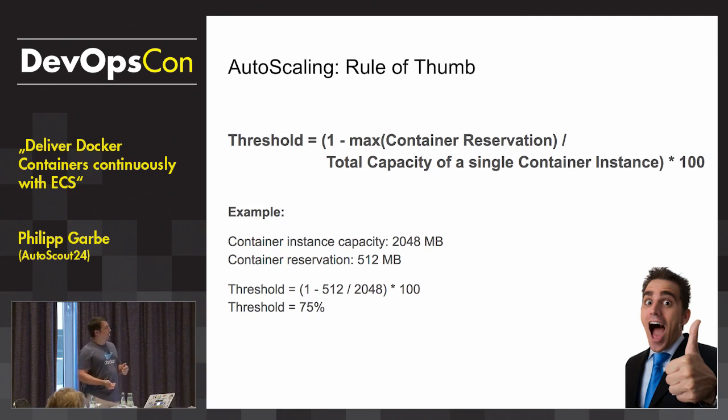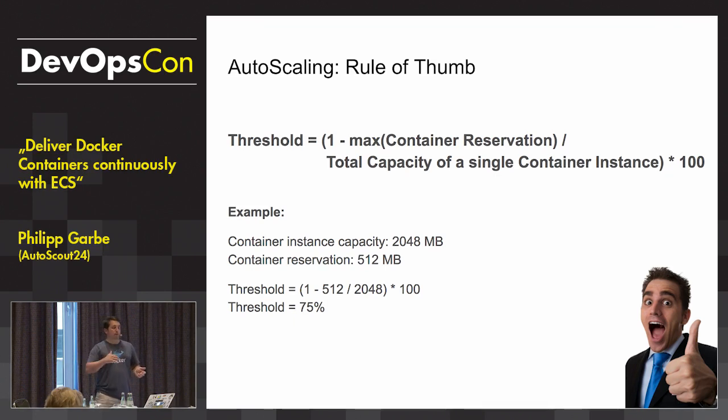And once we know that, and we also know the capacity of the host machines, then we can calculate the threshold for when we should scale out. We can do that for the CPU, and also for the memory. And yeah, we thought it's quite easy and no problem. And it works also very well if you want to scale out.